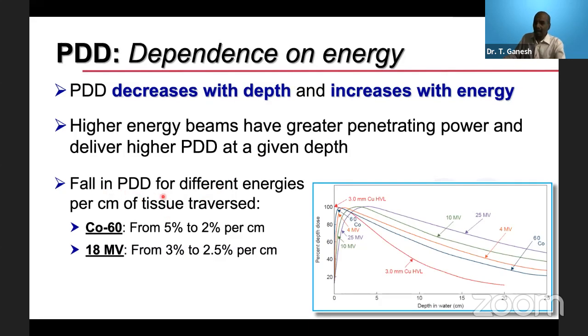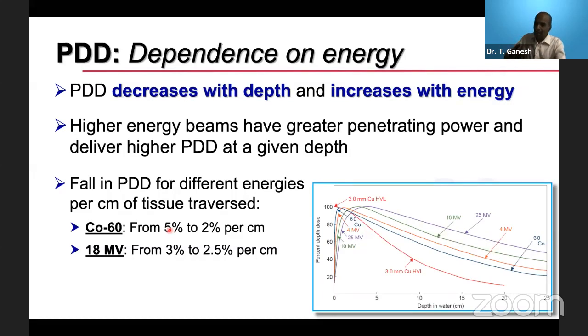The fall in PDD for different energies per centimeter of tissue, you must remember. Again, just like the key points, there are certain thumb rules which you should not forget. Whenever you want to practice, you have to have this in mind. For cobalt 60, at shallower depths, for every centimeter of tissue traversed, the fall in PDD is about 5%, whereas at deeper depths, the fall in PDD is only 2% per centimeter. See, initially every 1 centimeter, it will fall by 5%.